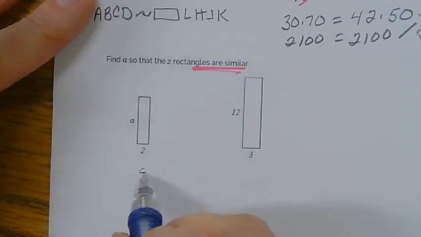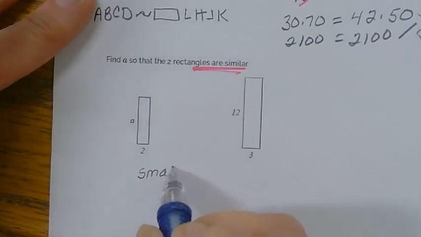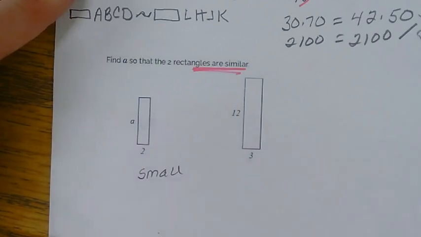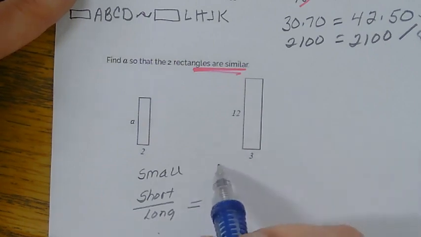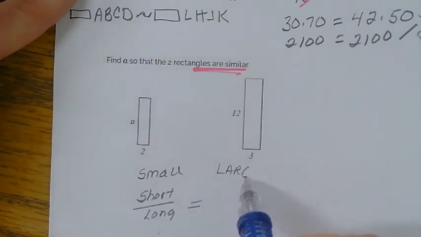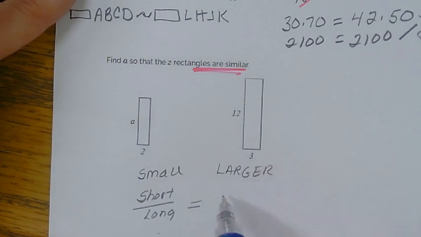We're going to look at the small rectangle, or the one on the left, and I'm going to do the short side over the long side and put that equal to the larger one, the short side over the longer side.